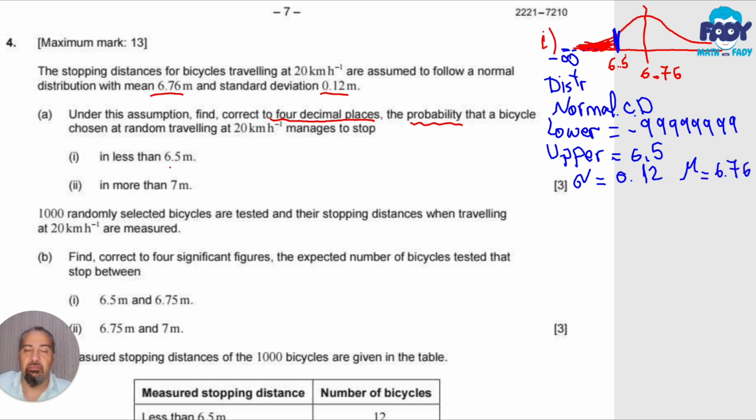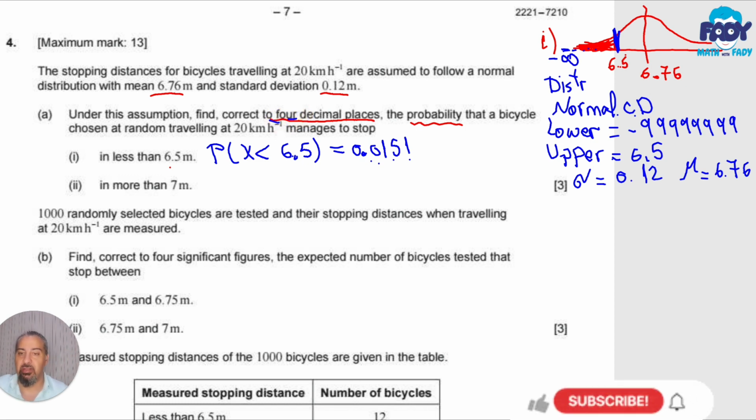You press enter, execute, calculate. We get the probability that x is less than 6.5 will be 0.0151. Here I wrote my answer to 4 decimal places as requested.